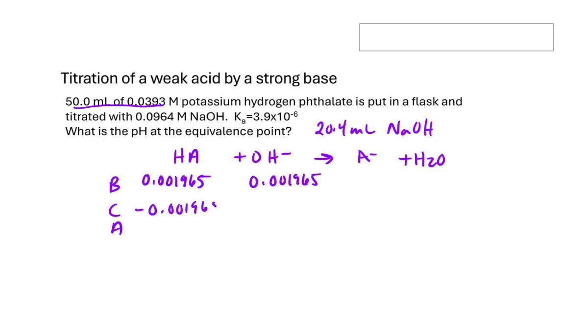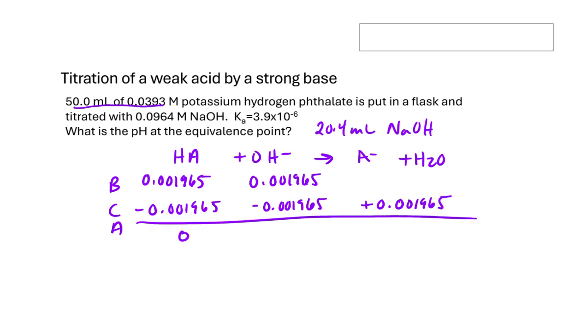We're going to subtract 0.001965 from both the HA and the OH minus and add it to the product side for A minus. So then after this reaction occurs, we are left with 0.001965 moles of A minus.